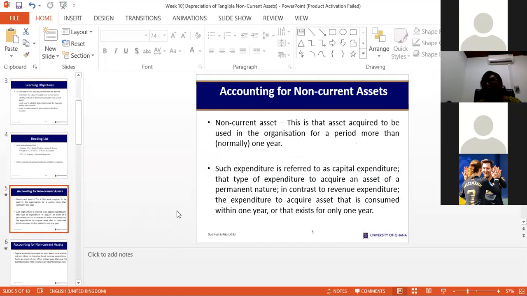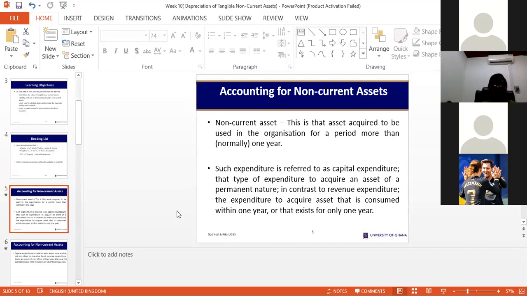Now, how do we account for non-current assets? Non-current assets are those assets that have been acquired for use, and their usage will be more than one accounting year or one calendar year. Now, from what we learned, we know that the expenditure incurred on non-current assets is known as capital expenditure.